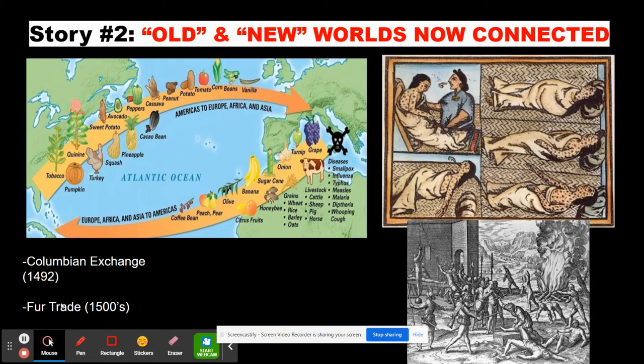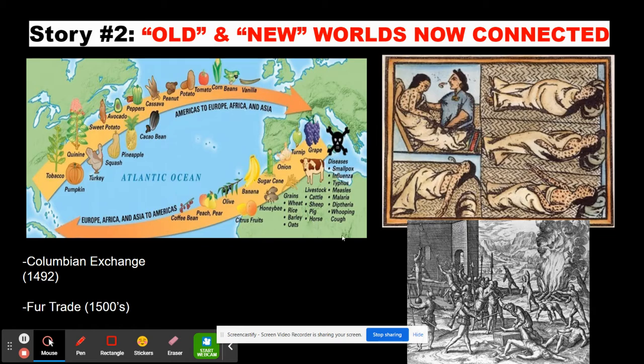If you take a look at this graphic here, you can see how, as a result of European contact, crops like tobacco, squash, avocados, potatoes and tomatoes and corn, again, maize, made their way to Europe. But from Europe, coffee beans, citrus fruits, livestock, and horses are going to be monumentally important, especially for nomadic tribes.